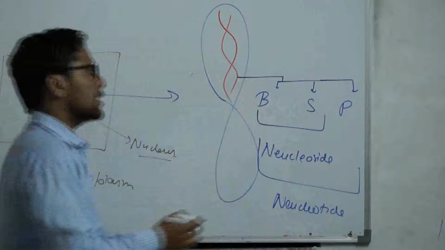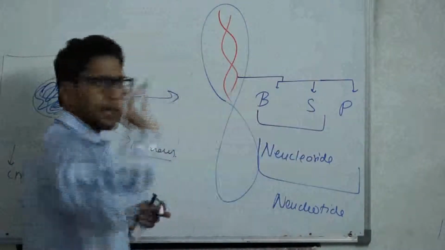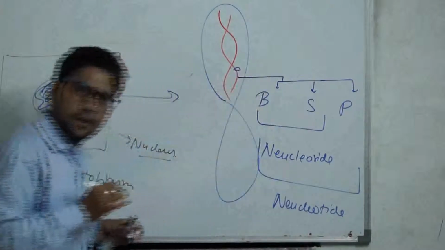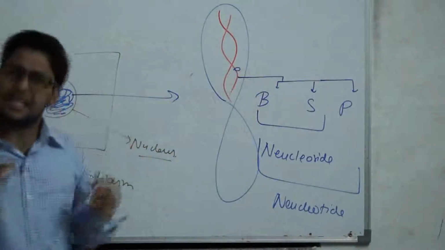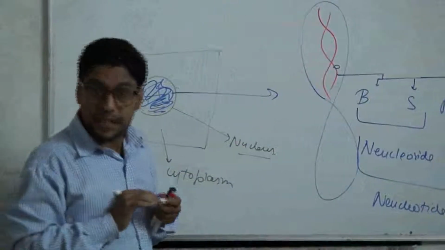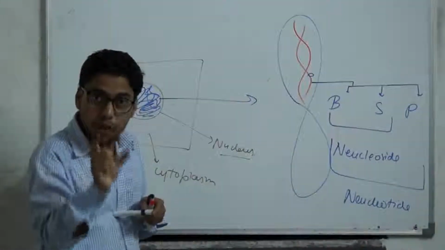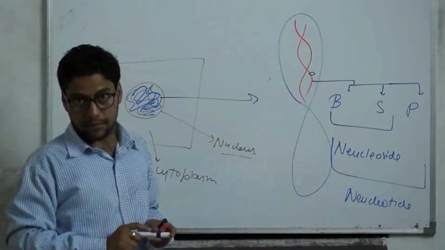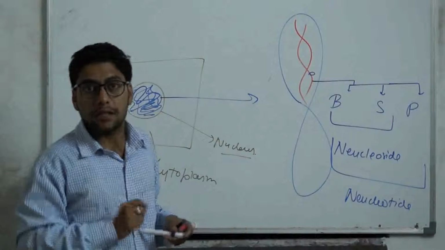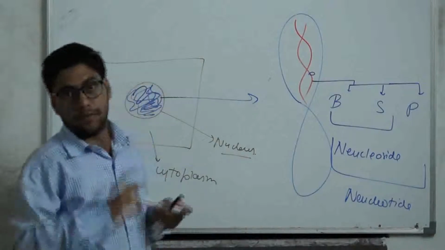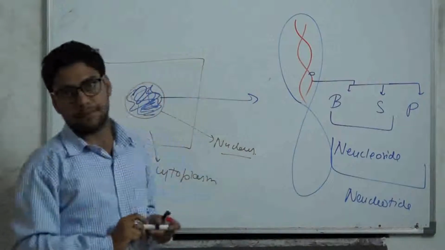Let's suppose this base sugar phosphate is this marker B. So what is a gene which is present on DNA? Gene is the sequence of these nucleotides. What is a gene, students? Gene is the sequence of nucleotides which is present on DNA.